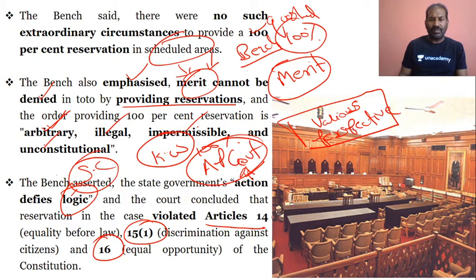Again, this is very important from the prelims point of view. The order of the AP government, quashed by the Supreme Court, providing 100% reservation for scheduled tribes in scheduled areas for applying for the post of teachers in the schools of scheduled areas, violates which among the following articles?